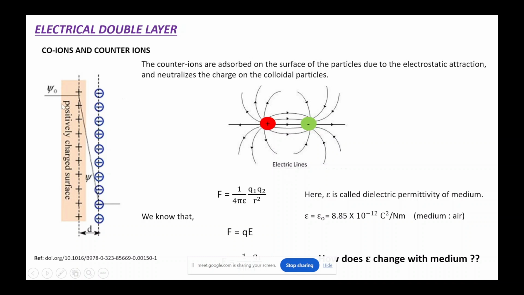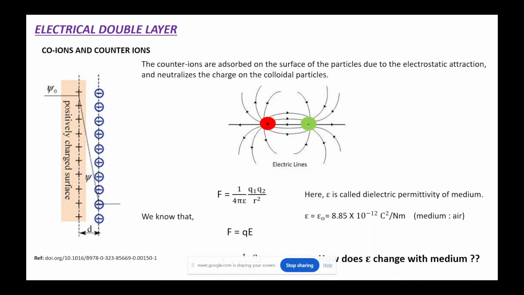If you see on the left hand side, you can see something very similar to what we discussed. You have a positively charged surface, and the negatively charged ions present in the solution get attracted, adsorbed, and neutralize the surface. The mechanism of the electrical double layer is not that complicated.